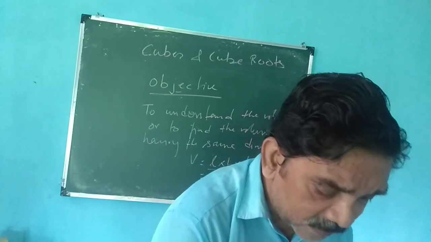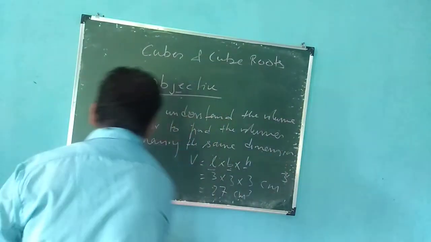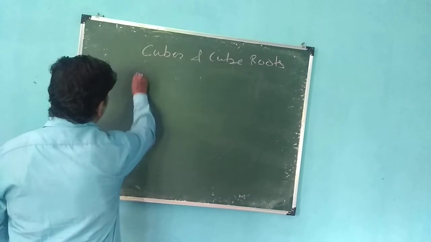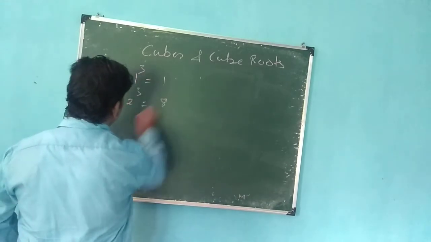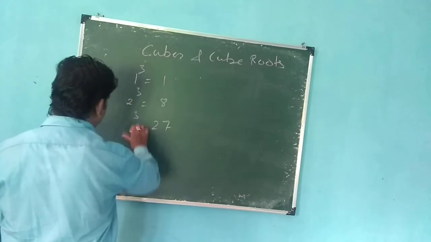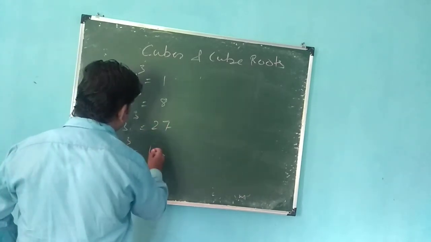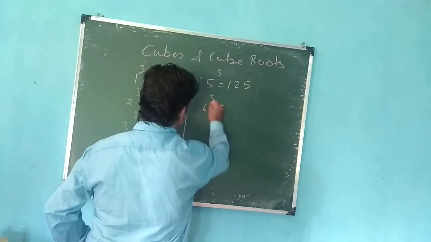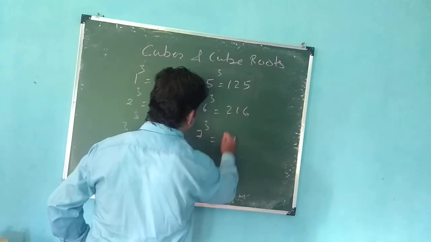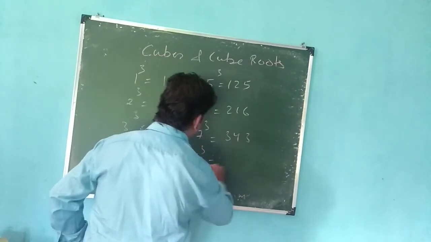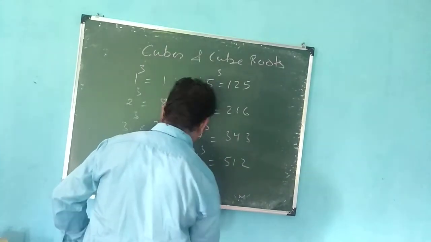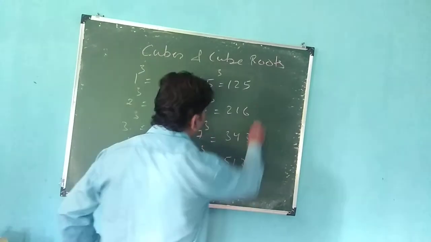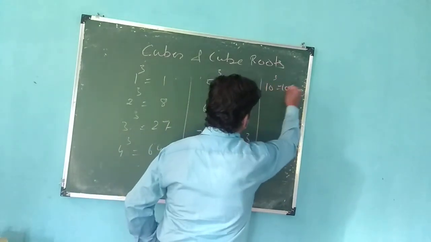Which of the following numbers are not perfect cubes? For this you have to understand: 1 cube is 1, 2 cube is 8, 3 cube is 27, 4 cube is 64, 5 cube is 125, 6 cube is 216, 7 cube is 343, 8 cube is 512, 9 cube is 729, and 10 cube is 1000.